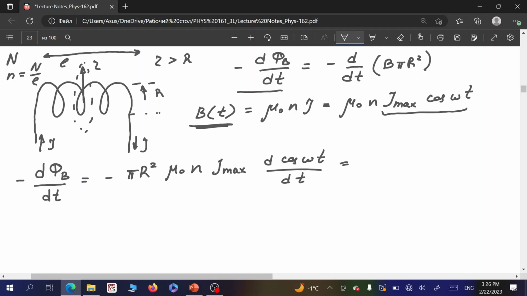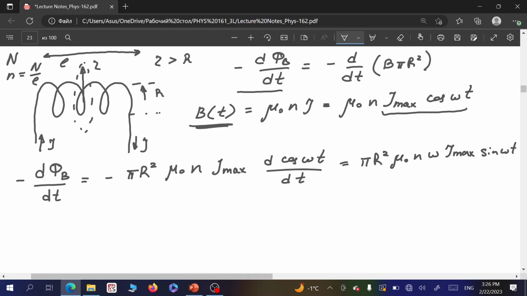So minus and minus, they will cancel out. So we get pi r square mu naught times n times omega I maximum sine omega t.